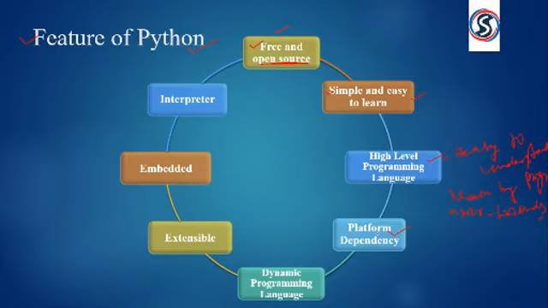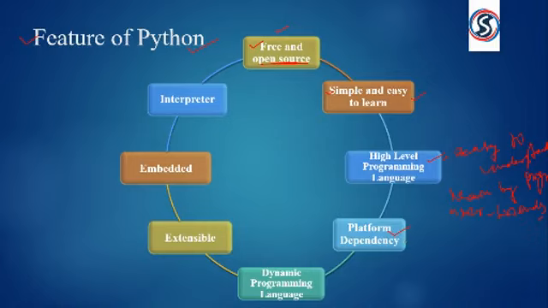Once we write the program in Python, it can run on any platform without rewriting the program once again. Internally the PVM, that is the Python virtual machine, is responsible for converting it into machine understandable form.